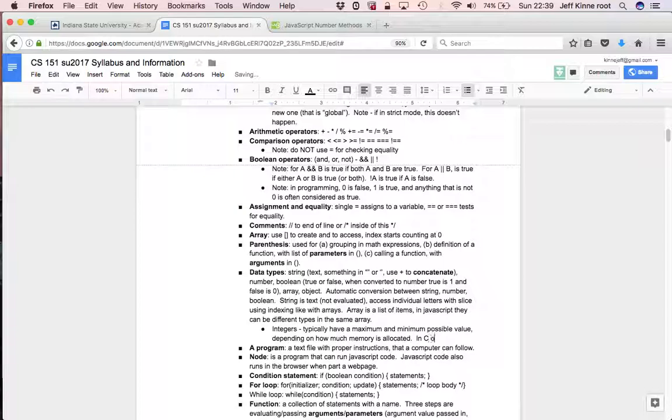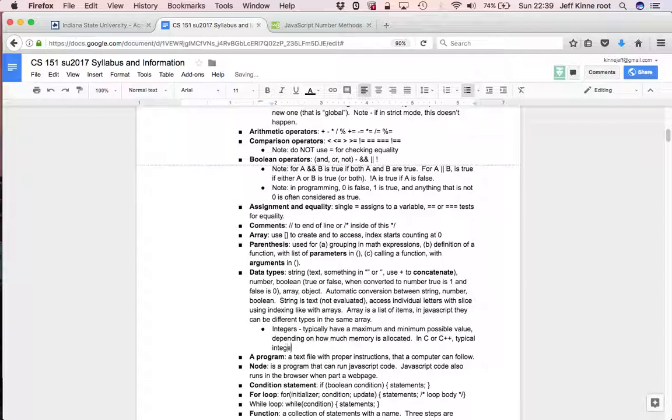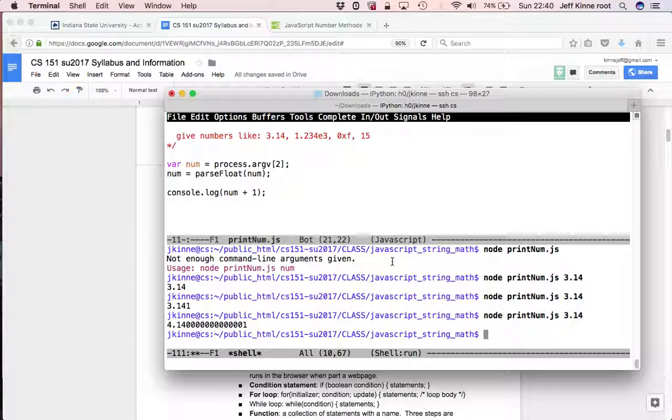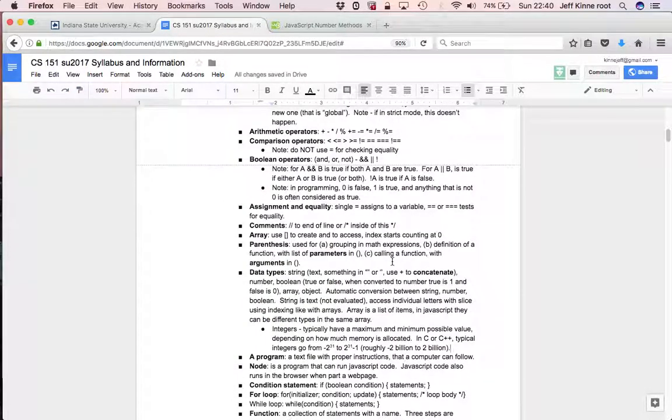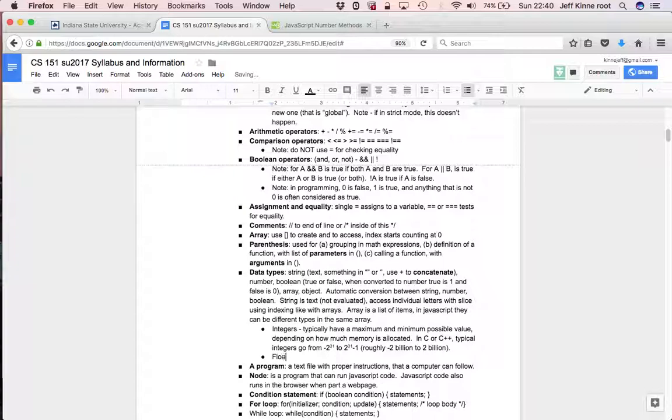In C or C++, typical integers go from negative 2 to the 31 up to 2 to the 31 power minus 1, roughly negative 2 billion to 2 billion. This isn't C that we're doing right now, but that's an example. We'll say what happens with JavaScript in just a second. So that is an integer, and then a floating point number.